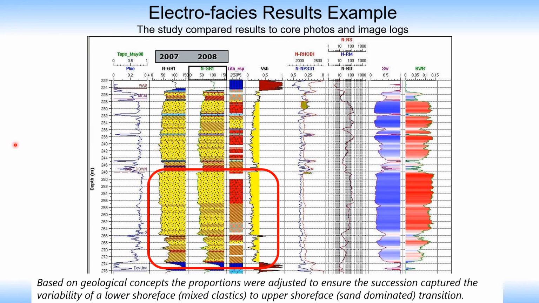So a last point to make on this example is the comparison of the electrofacies models when we got some new data and used the new data as a validation set. The sedimentologist I was working with had identified that the earlier electrofacies model did not quite capture this lower shoreface, the slightly degraded quality sands.